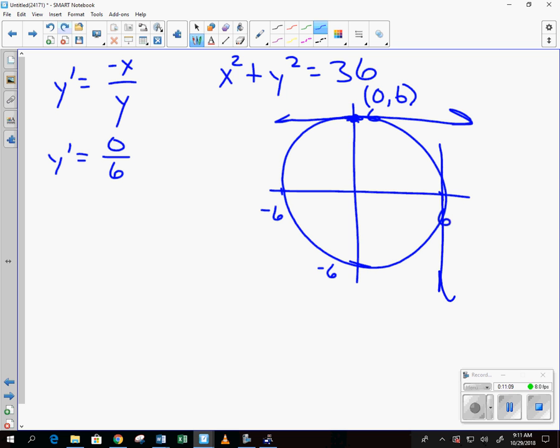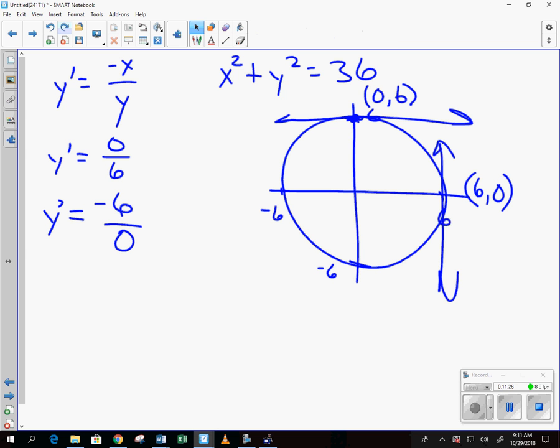What's the slope right here? Undefined, and that's at the coordinate 6, 0. So if you were to plug in 6, 0, you would get y prime is equal to negative 6 divided by 0, which is undefined. Is the slope right here, we'll choose a different color, positive or negative? Negative.